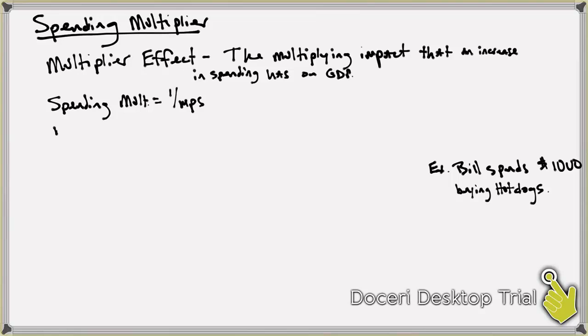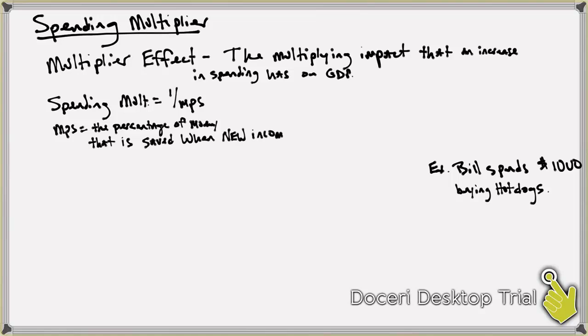And the MPS is equal to, or really represents, the percentage of money that an individual saves when new income is received.